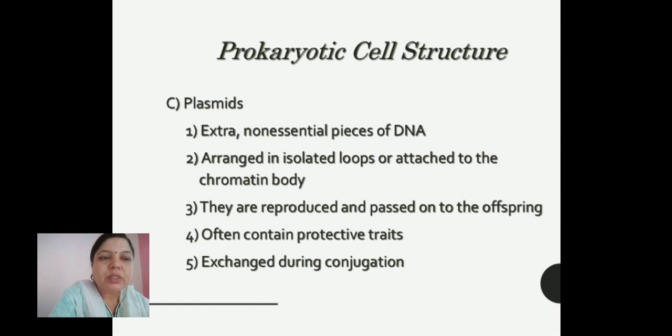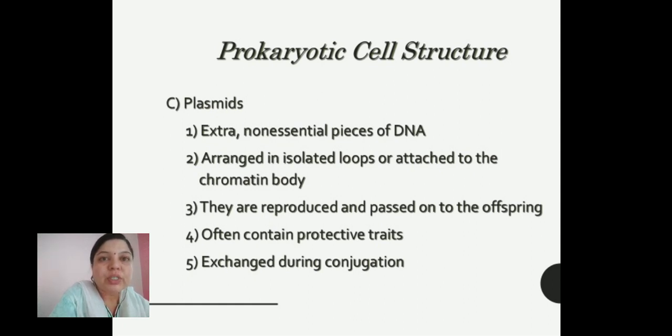When these two pili get attached, it forms a bridge-like structure between the two bacterial cells, and this bridge works as a tube. This tube-like structure helps one bacterium transfer its plasmids from that cell to the next cell. So they are reproduced and passed on to the offspring with the help of the pili-like structure.